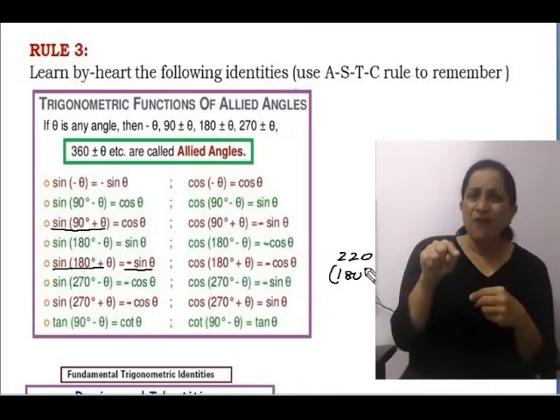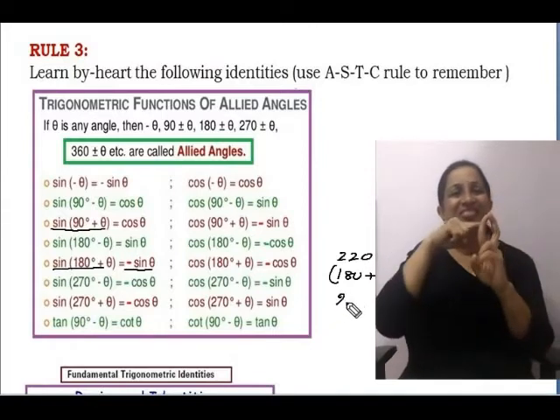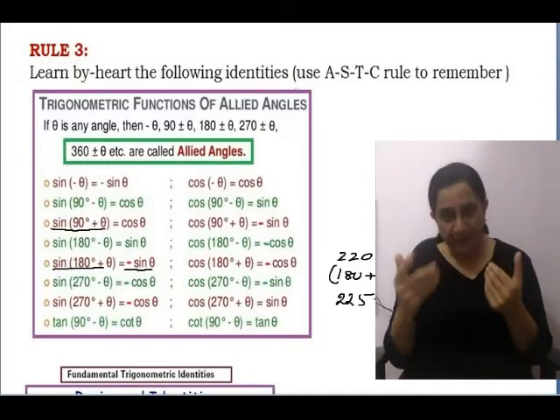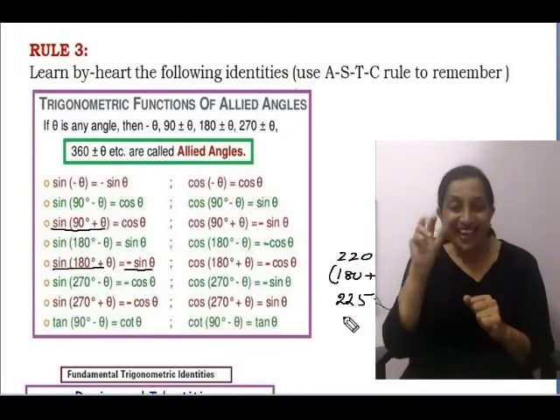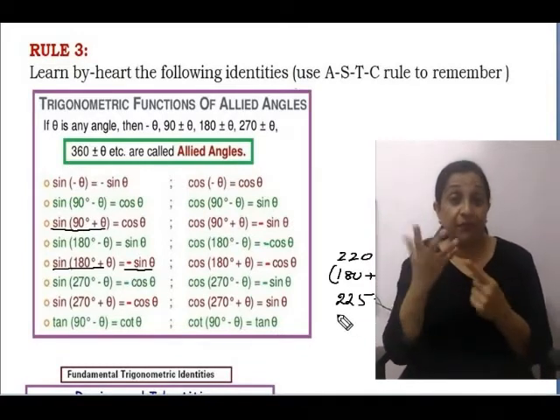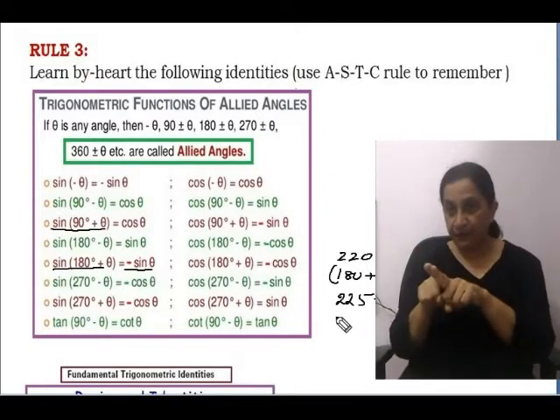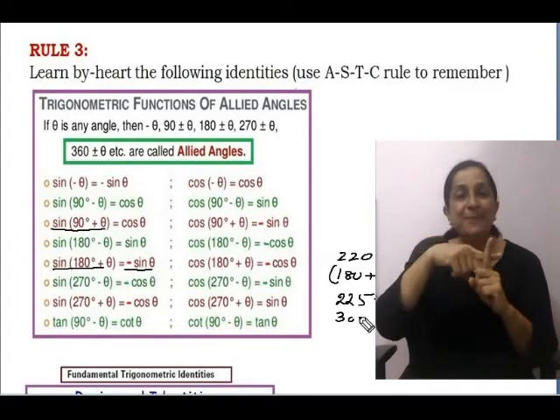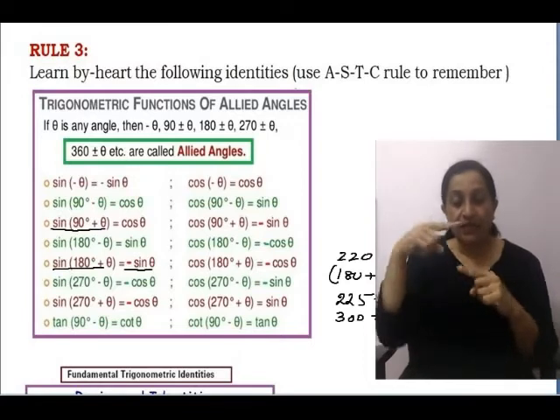Like you may not get 220, you may get it as 225. That is, you can do it as 180 plus 45, or you may get 270 plus, let us say, 30. That is 300 you may get. Then you can do it as 270 plus 30.